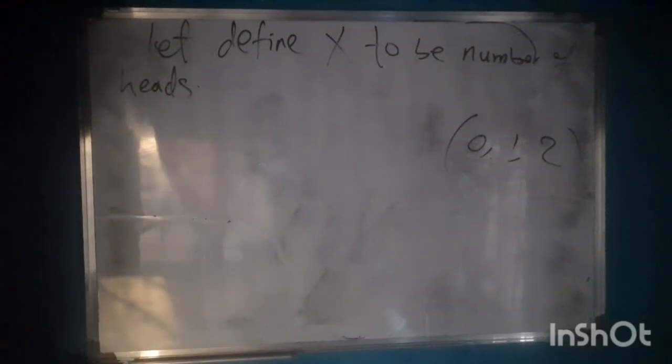Let's start with discrete. A random variable is said to be discrete if its range consists of a finite number of sample points.